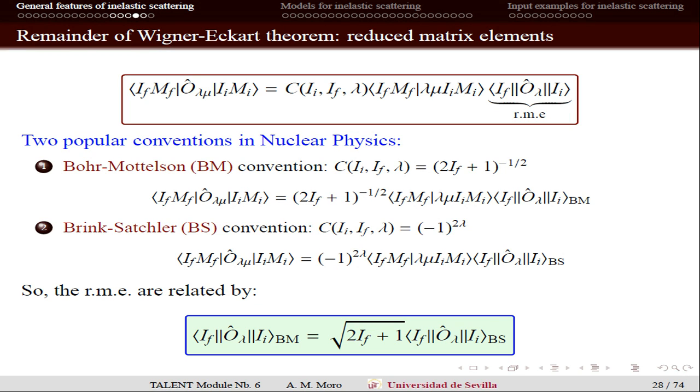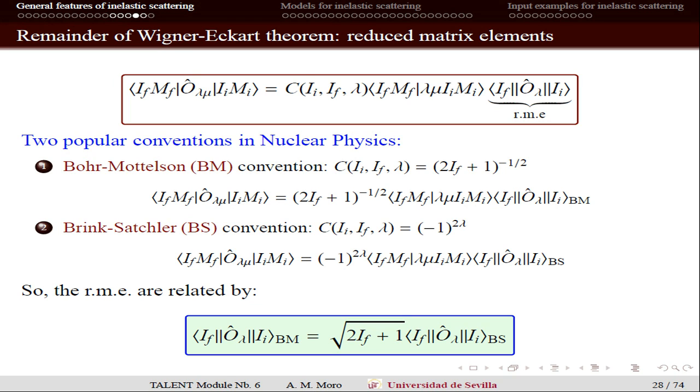We have several possible choices, because depending on my choice of this C, this thing will also be different. This is called, with the double bar, a reduced matrix element. And this is something that, I repeat, does not depend on the projections. It depends only on lambda and on the total angular momenta, initial and final.